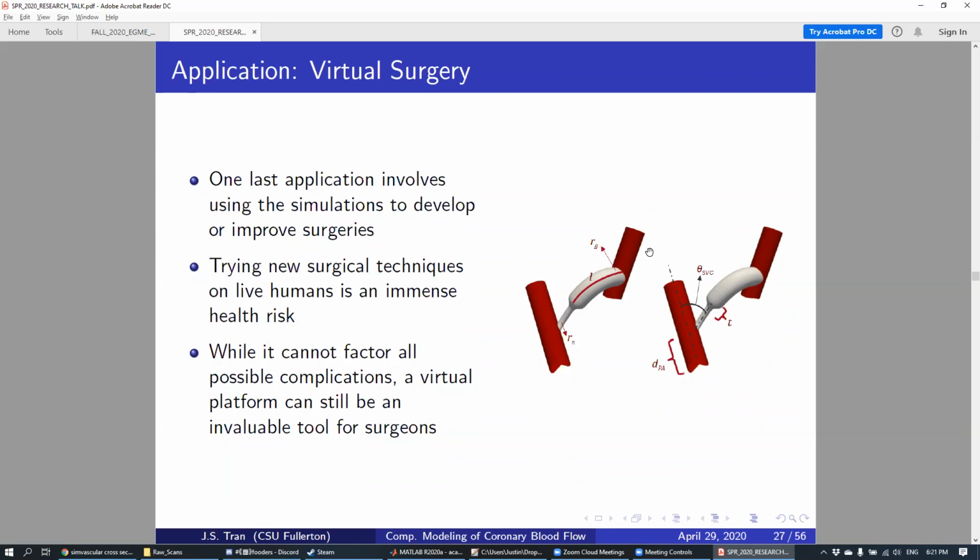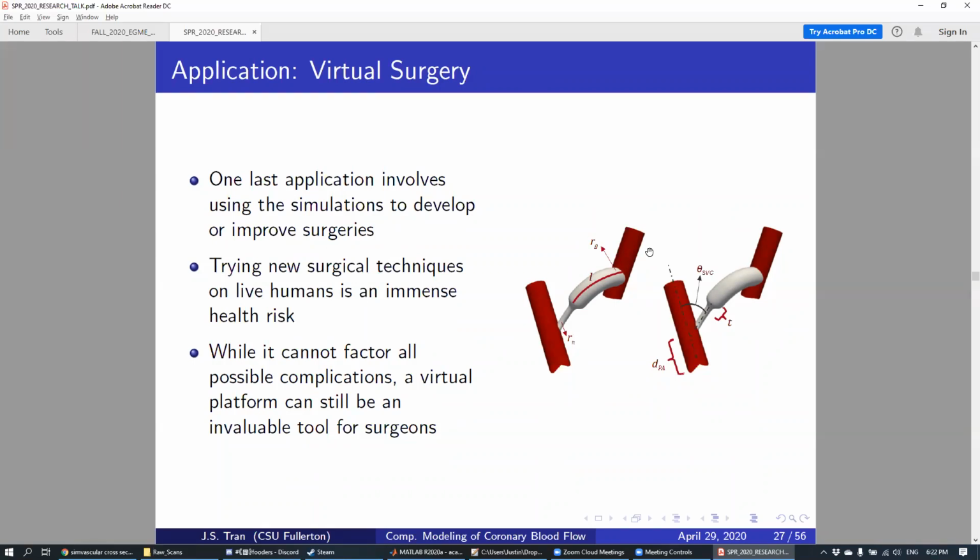Most people would be like, hell no, don't use me as your guinea pig, right? This is my life that you're dealing with. So actually, the rate at which new surgical techniques have been developed has been really stymied in recent years, because we've figured out that it's really unethical to try new things on people, right?